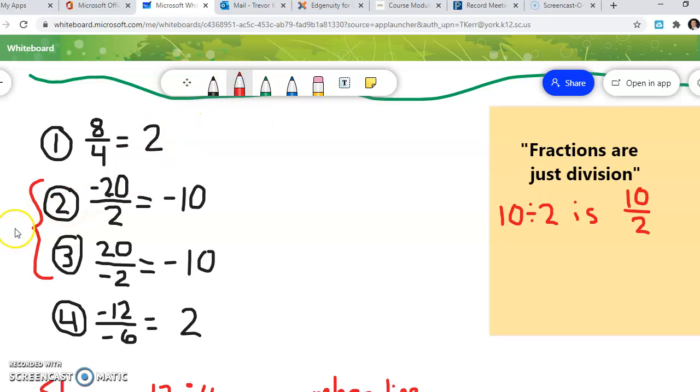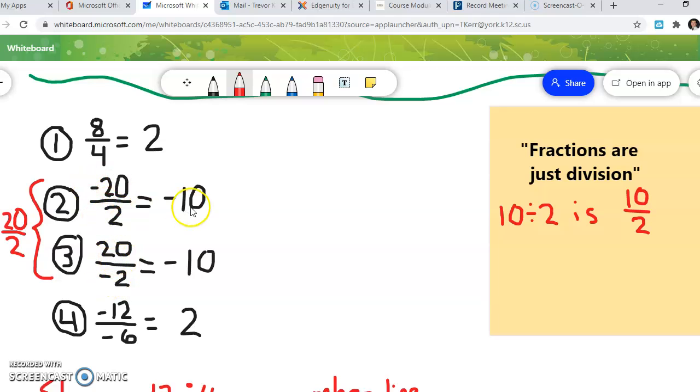And we even have a third way of writing it sometimes, where we could write it with the negative sign right in the middle. And so whenever you see fractions, sometimes you'll see that it looks like this, where the negative sign's out in front, and it's not even on the 20 or the 2. It's just kind of in front. And the truth is that the reason we can write this is because we know that it doesn't matter if the negative was first or the negative was second.